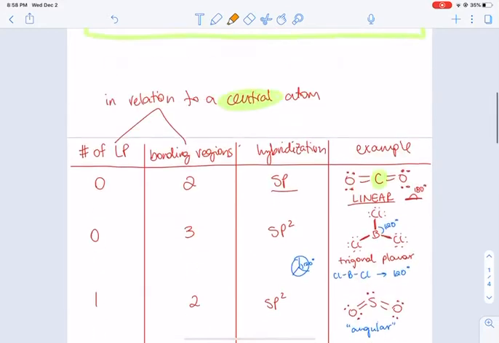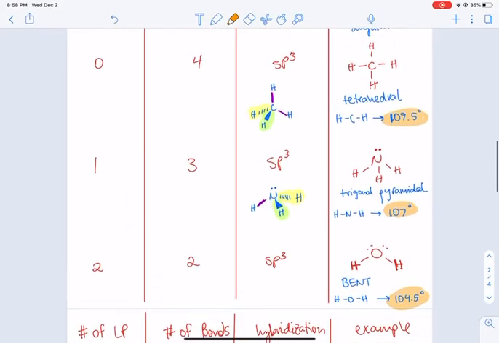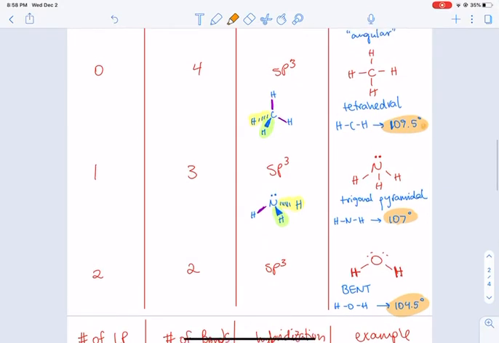So basically, for these three, you do have to memorize these bond angles, it is critical. I know that they don't match what's up here, but that's okay. These in orange are what you do need to memorize. What you can think of is start with 109.5. Each lone pair that you add takes off 2.5 degrees. So this one lone pair here takes off 2.5 degrees from the 109.5.